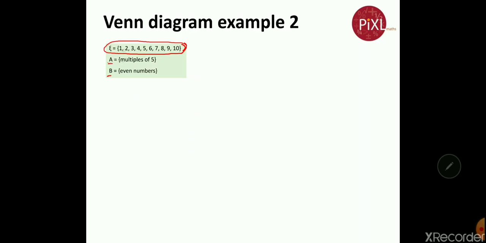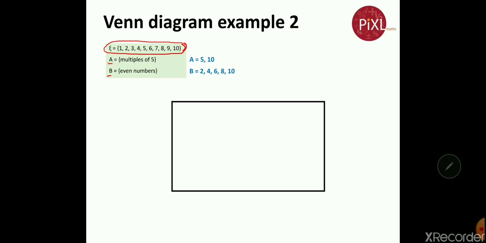So we look at all of our elements. So our elements are the numbers 1 through 10. We look at all of those elements, we see which ones would go into set A as multiples of 5. So we have the numbers 5 and 10. Okay? Then for B, we look at the even numbers from our whole universe, all of our elements. We see that we have 2, 4, 6, 8, and 10. Those are our even numbers that we got from our universe here, from all those elements.